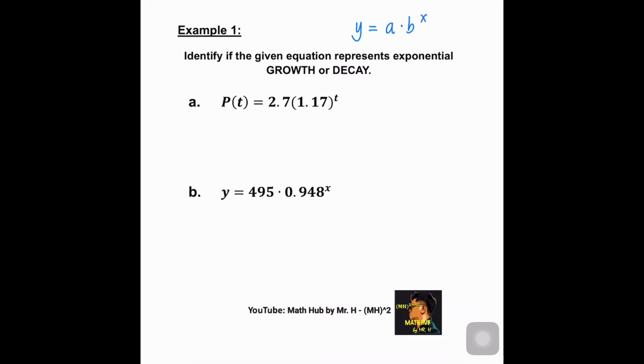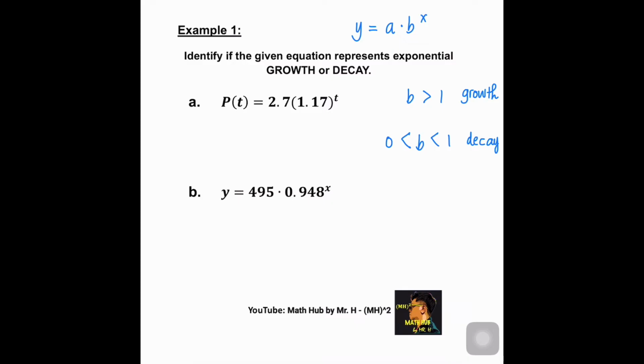If b is greater than 1, then we're talking about growth. If b is greater than 0 but less than 1, we're looking at exponential decay.